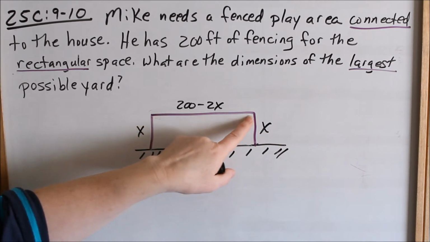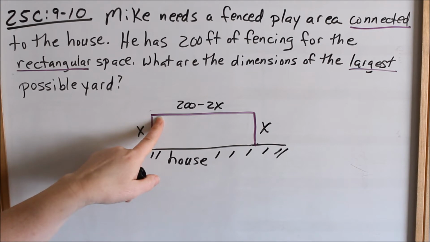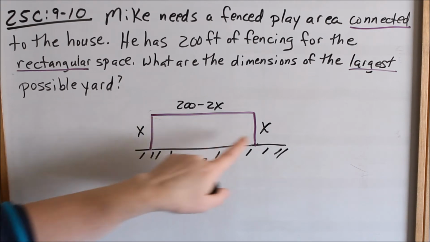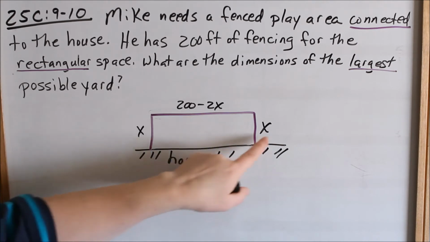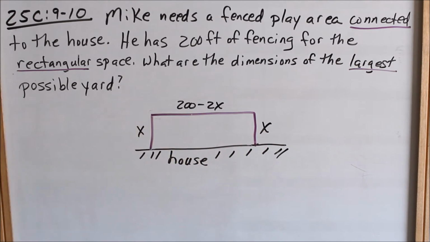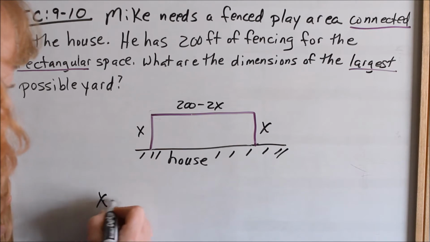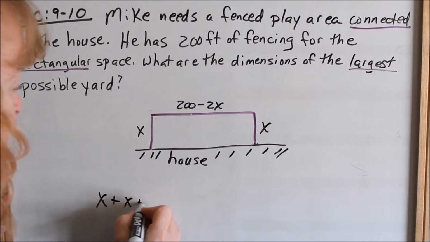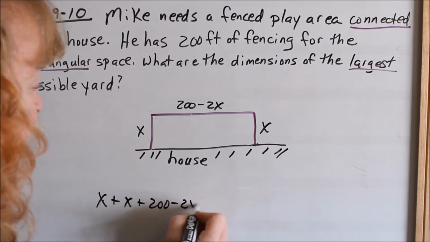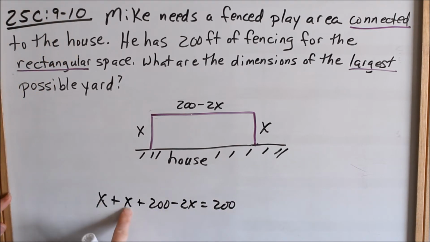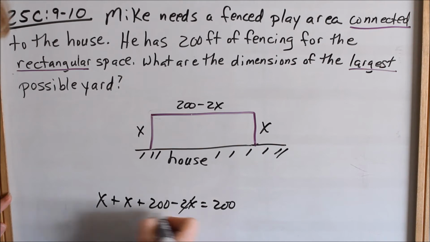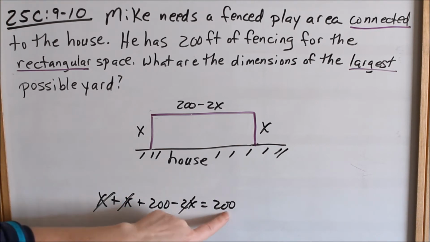This side has to be the 200 feet of fencing that we had, subtracting off these two sides. Because now if you take this plus this, that will equal 200. See, x plus 200 minus 2x will equal 200, because x plus x is 2x, 2x minus 2x, those all cancel, and that equals 200.